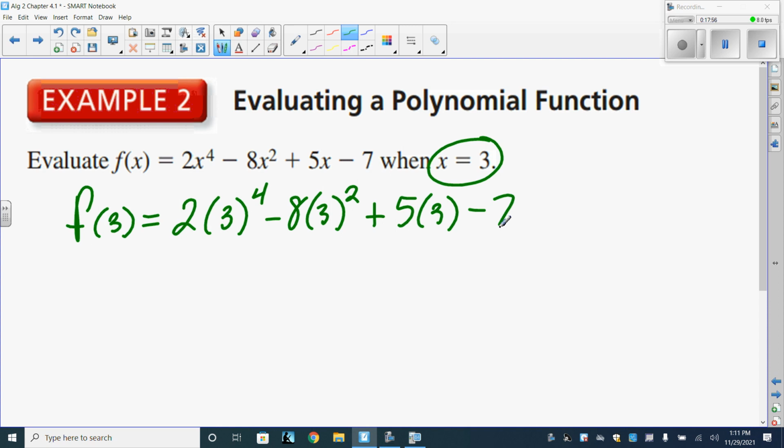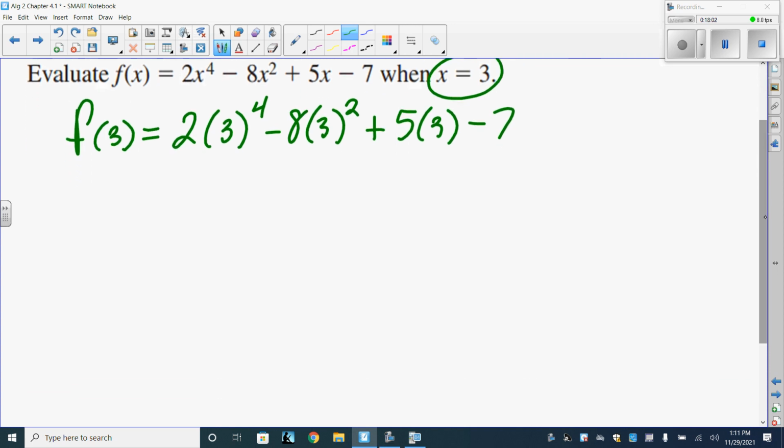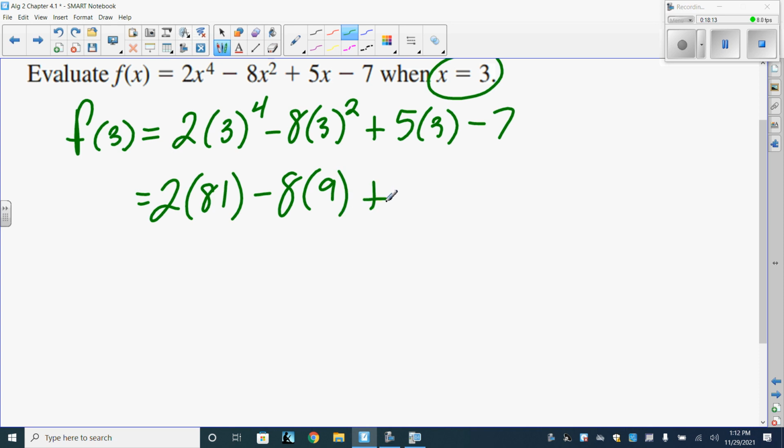And well, at this point here, we can do what? We can plug it into a calculator, and it'd give us the answer. Because if we did this by hand, we would take 3 to the 4th, which would be 81. 3 squared would be 9. 5 times 3 is 15 minus 7.